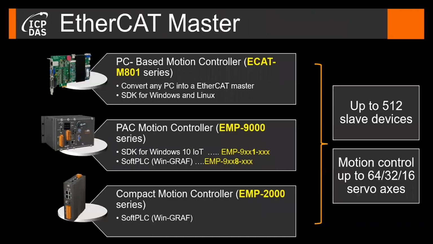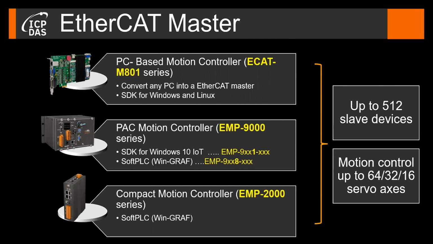ICP has three types of EtherCAT master in its portfolio. The EtherCAT master types have an integrated, real-time, high-performance motion engine that can synchronously control multiple servo axes. The EtherCAT master types are the PC-based motion controller ECAT M801 series, the programmable automation controller EMP9000 series, and the EMP2000 series, which is a palm-sized, very compact motion controller.